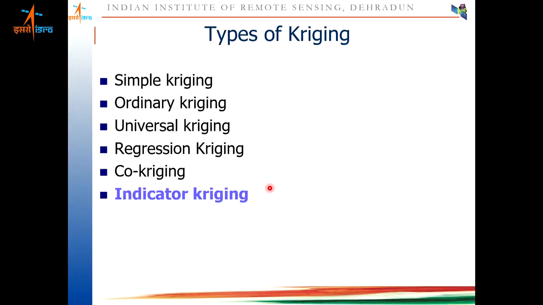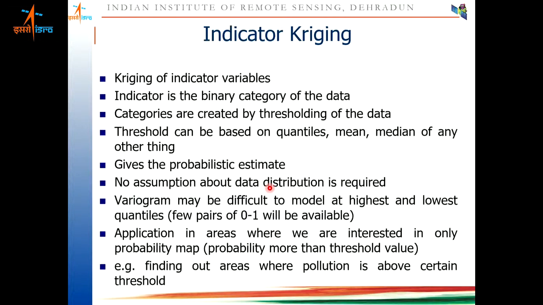So basically there are many kinds of Kriging present: simple Kriging, ordinary Kriging, universal regression, co-Kriging and indicator Kriging. In our case we will be using indicator Kriging, so I will explain only indicator Kriging. As is clear from the name indicator, it means data is of indicator kind, yes no kind of data, which means indicator Kriging is applied over binary category of data only.